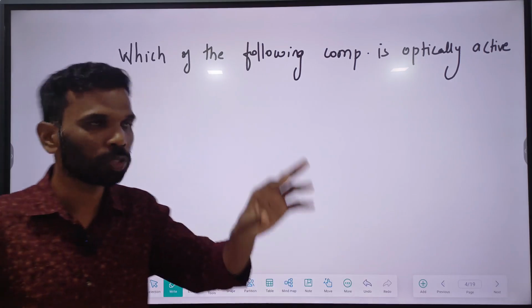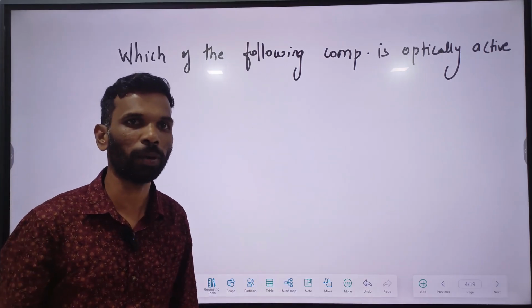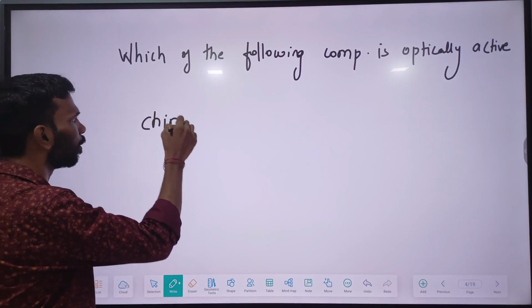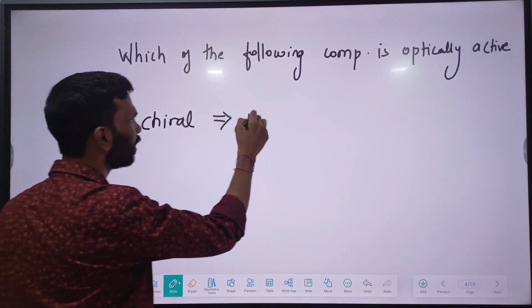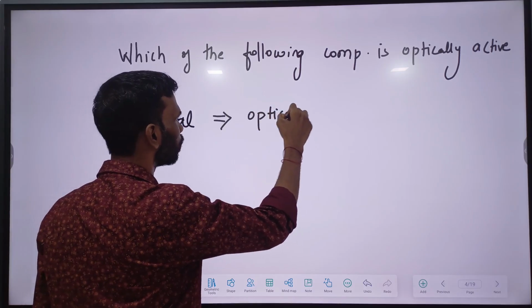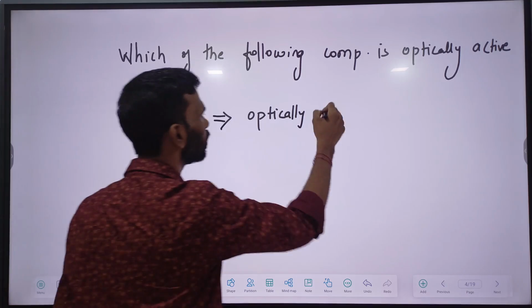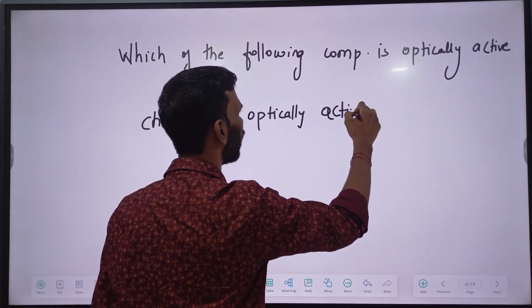You know chiral, so you should know the optically active compound. If the compound is chiral, meaning asymmetric, then it is optically active. The presence of at least one chiral center means the compound is optically active.